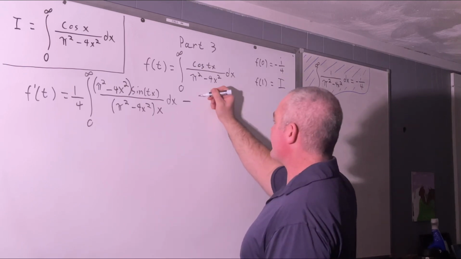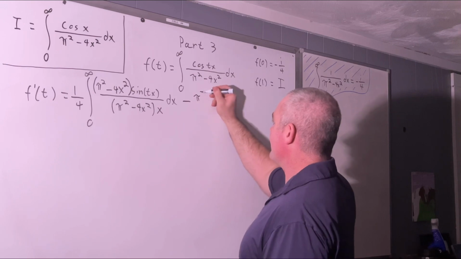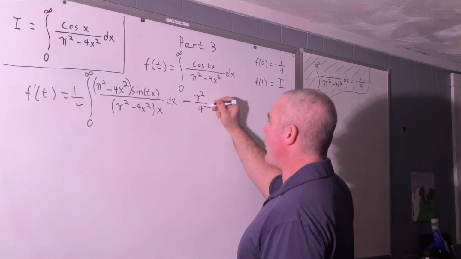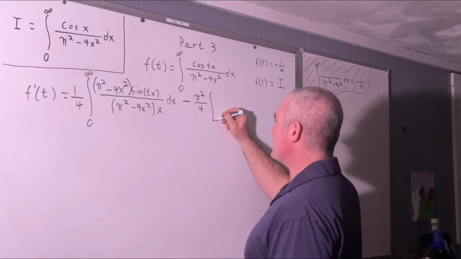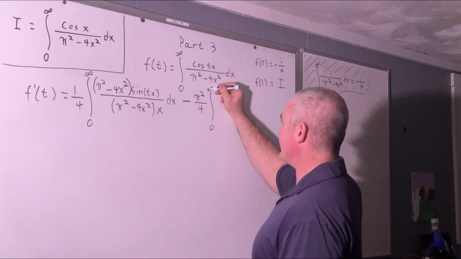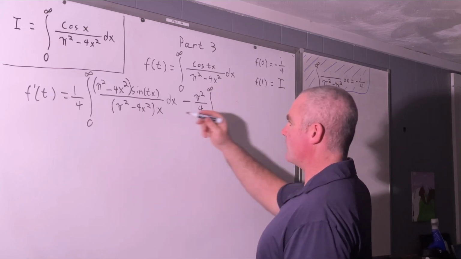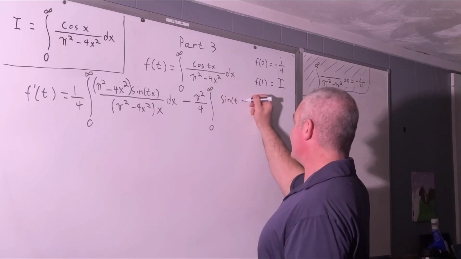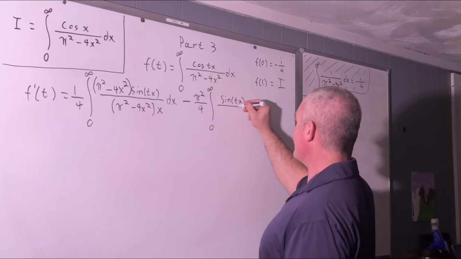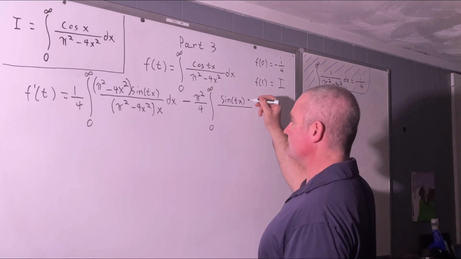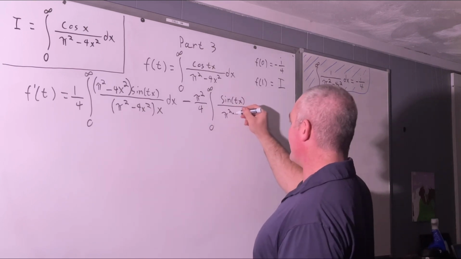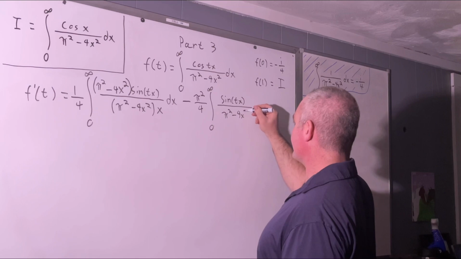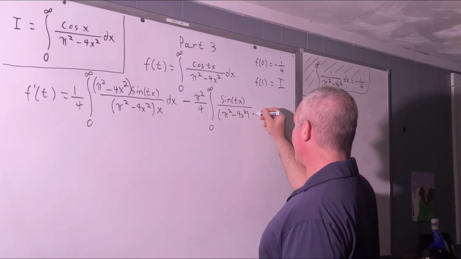So that's going to be minus pi squared over 4 times the integral from 0 to infinity of sine tx over pi squared minus 4x squared times x.